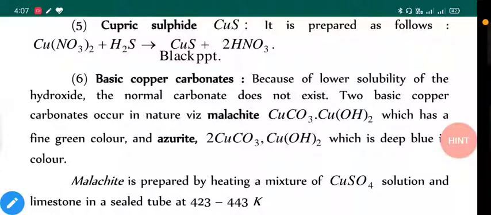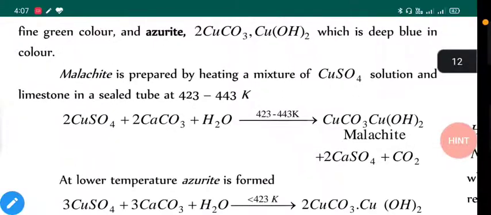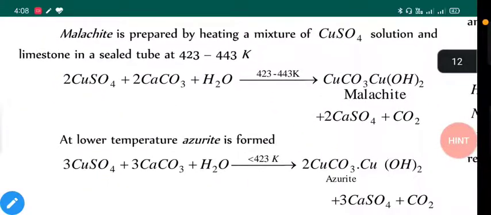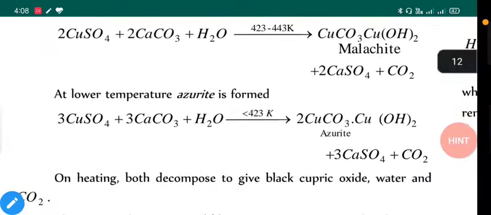Two basic copper carbonates occur in nature: malachite, which has a fine green color, and azurite, which has a deep blue color. Malachite is prepared by heating a mixture of CuSO4 solution and limestone in a sealed tube at 423 to 443 Kelvin temperature, and as the reaction suggests, at a lower temperature azurite is formed.